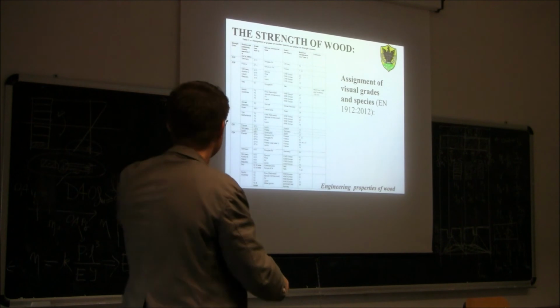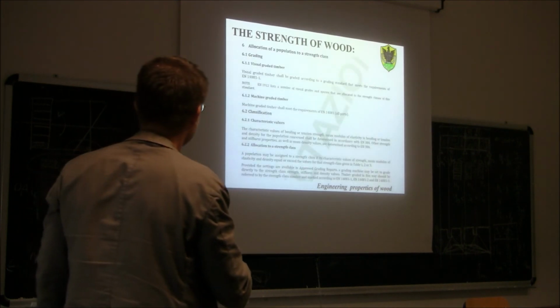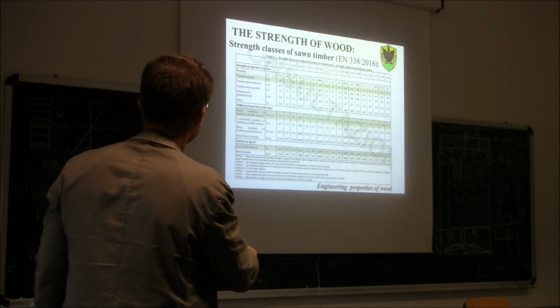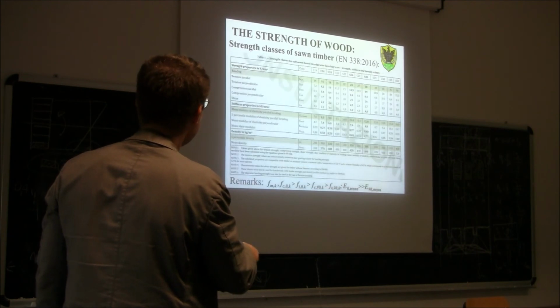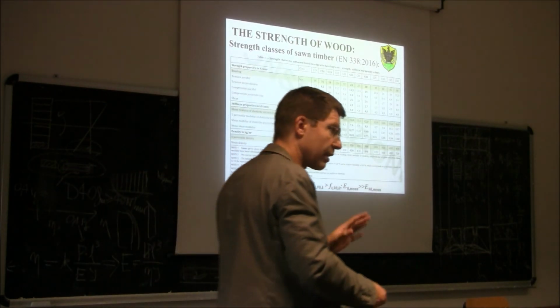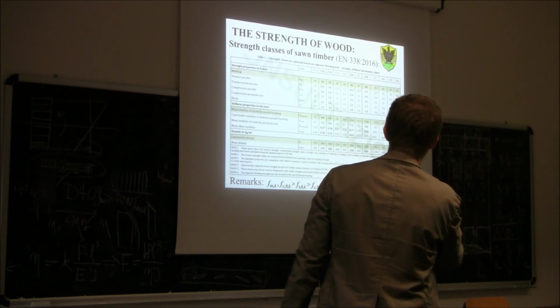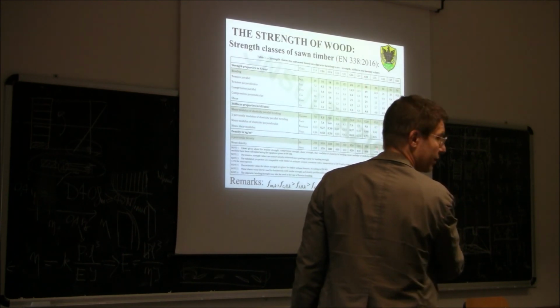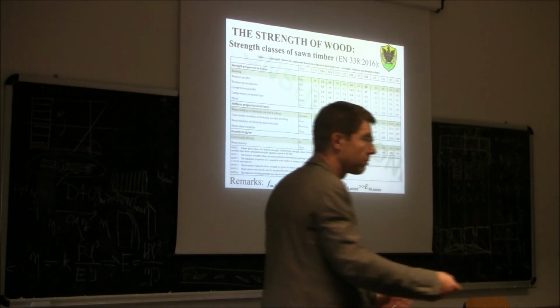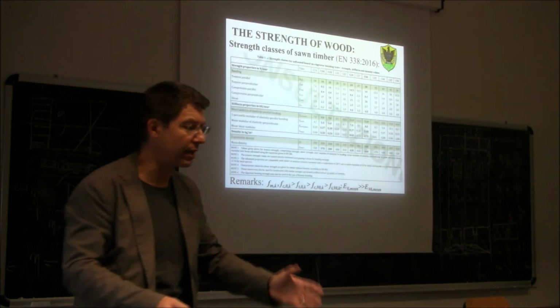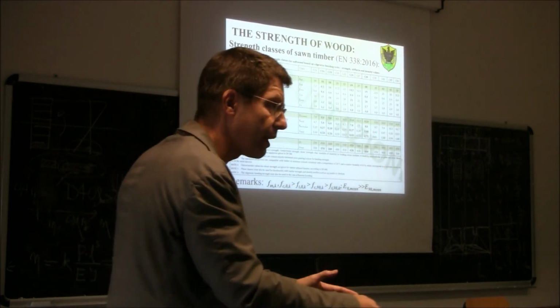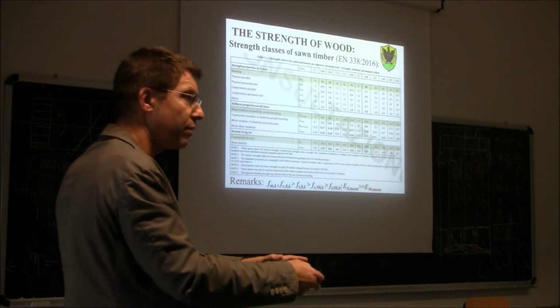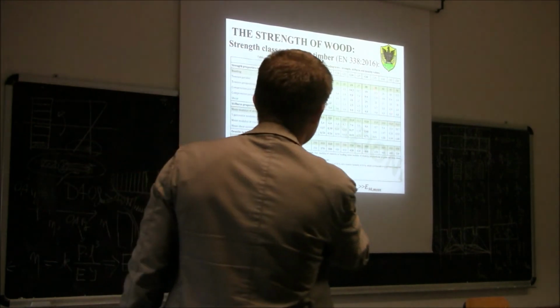So, if you go back to this table here, this one, the S1 class of Italian Douglas fir is automatically assigned to this strength class C30. So, suppose you get your Douglas fir, you do all the visual grading, you find out that it can be assigned to S1.